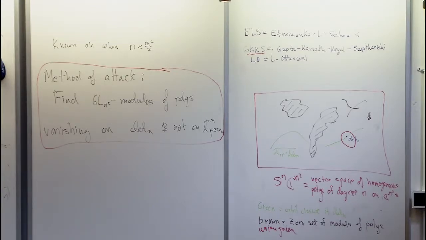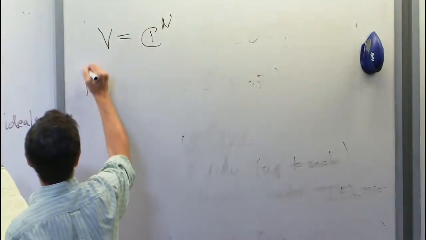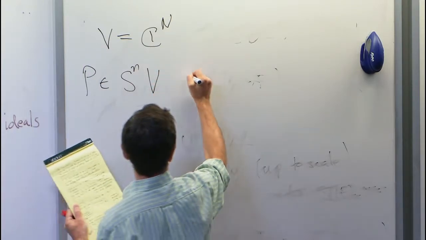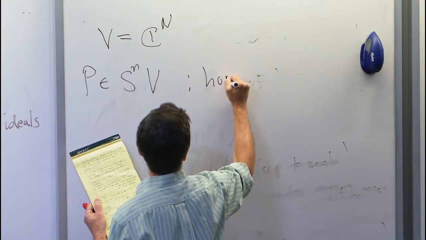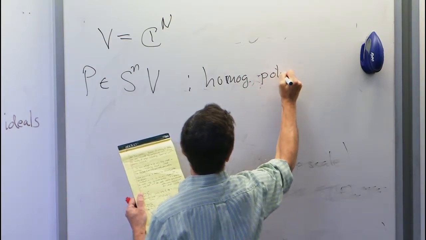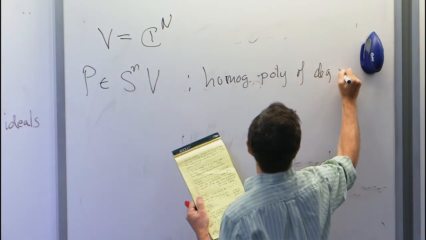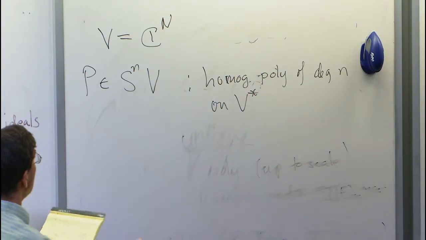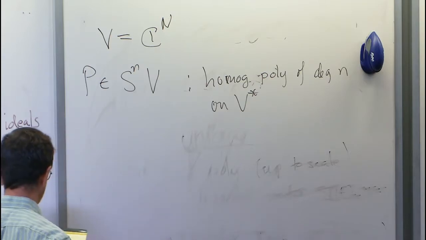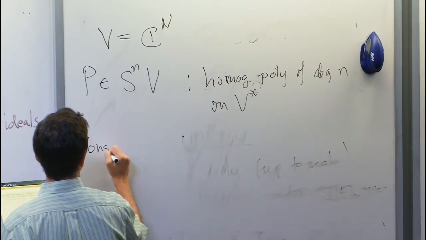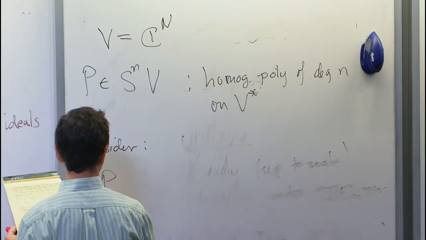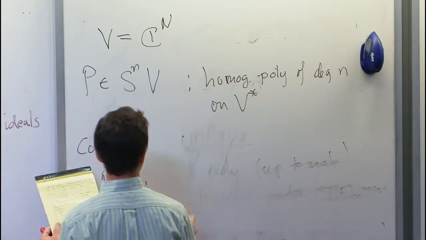So I'm going to have a vector space, and I'm going to have a homogeneous polynomial of degree n on the dual of the vector space. So just a homogeneous polynomial of degree n in capital N squared variables. And we consider the following linear map, let me call it P_{k,n-k}.